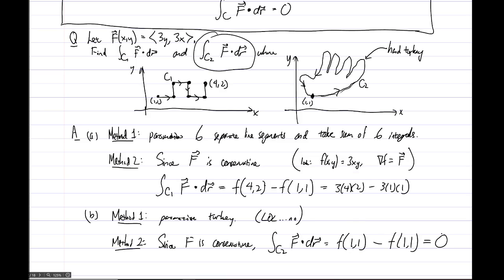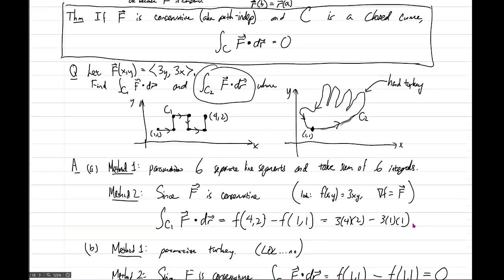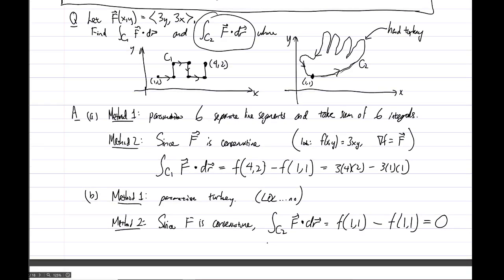And this is a slightly more long-winded answer. What we could have done is just use the theorem up here, and instead, as a second argument, just said the integral over C2 of F dot dr, without even writing this stuff. We should just get 0 due to the theorem. I thought writing this might provide a nice reminder or a more concrete example of why the theorem works.